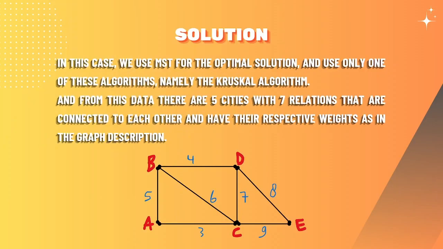So for the solution, in this case, we must use the MST, or minimum spanning tree, for the optimal solution and use only one of these algorithms, namely the Kruskal algorithm. From this data, there are 5 cities with 7 relations that are connected to each other and have their respective weights as in the graph description.